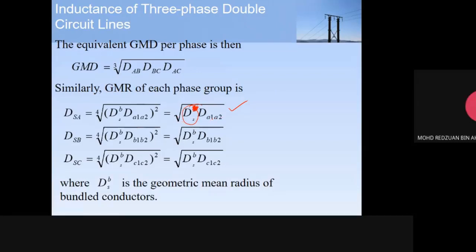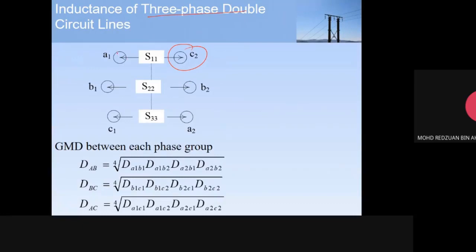Ds times dA1A2. What is dA1A2? Because for A, we have two cables, A1 and A2. We have Ds, dA1A2, dA2A1, and Ds again. We have these four elements, to the power of 1/4.